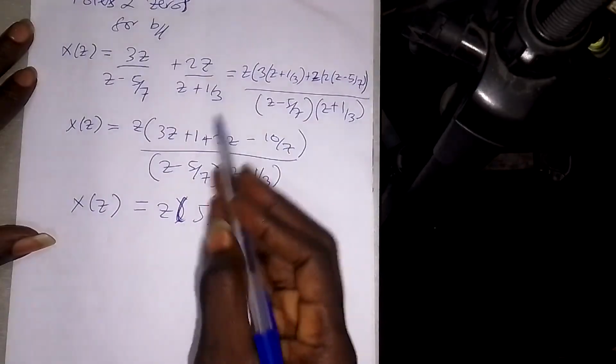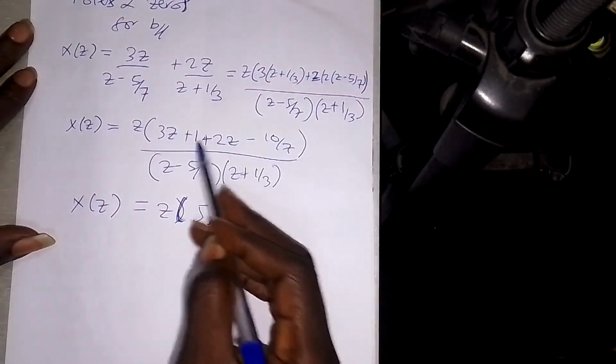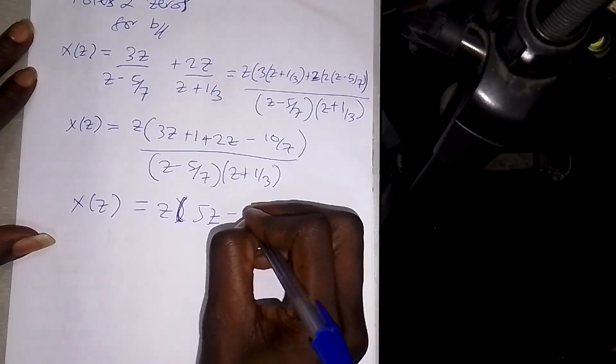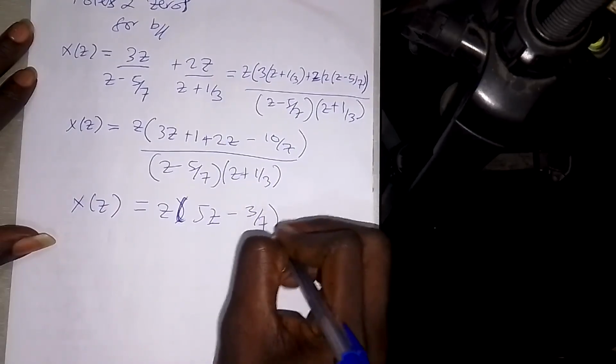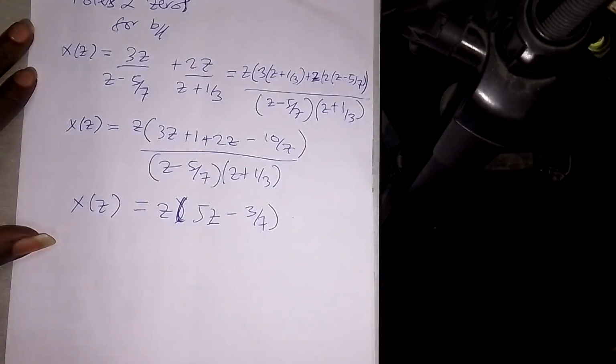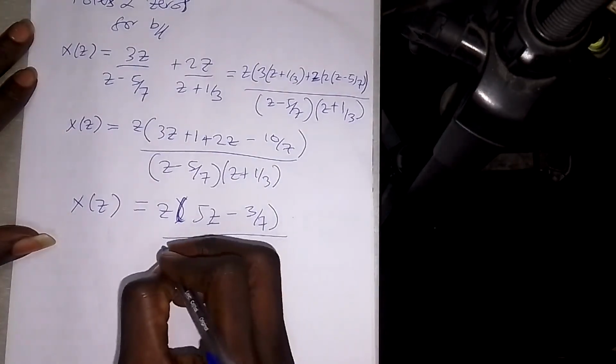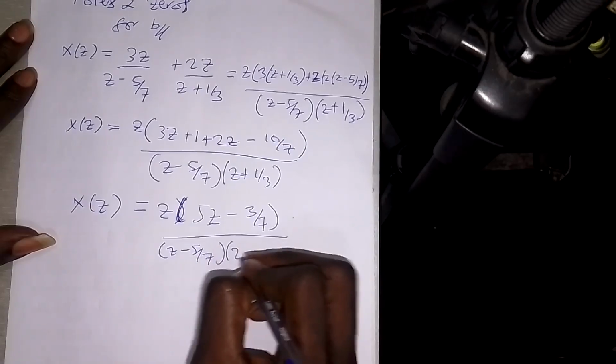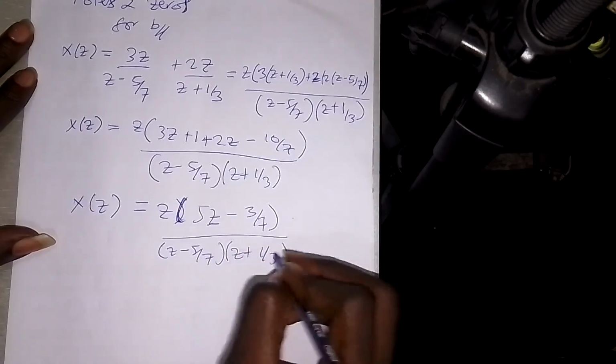This one and this one, if you subtract them, you're going to get minus 3 over 7. Then it's going to be over Z minus 5 over 7 into Z plus 1 over 3.